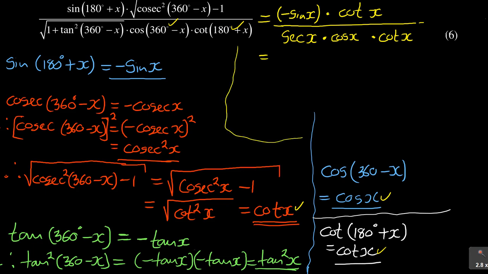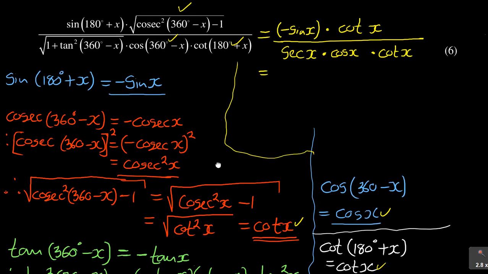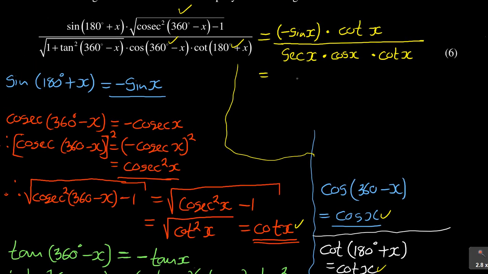If you are to continue with it, cancel out what is common. The cot will cancel out the cot, cot x and cot x, it cancels, and then what is left is you can see that this is minus sin x.